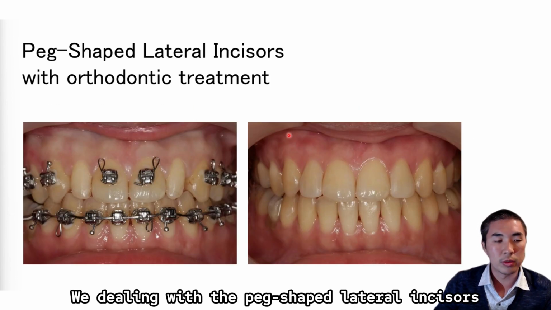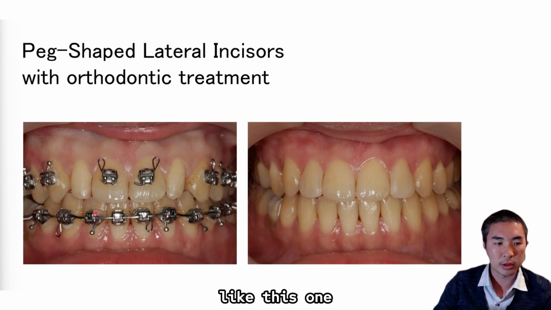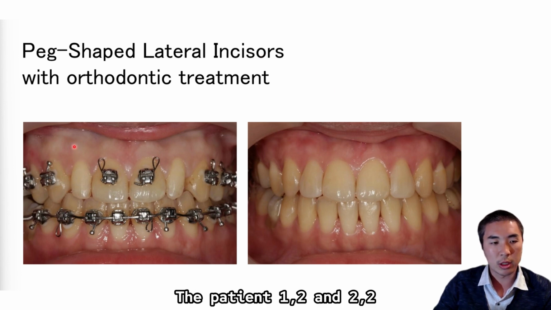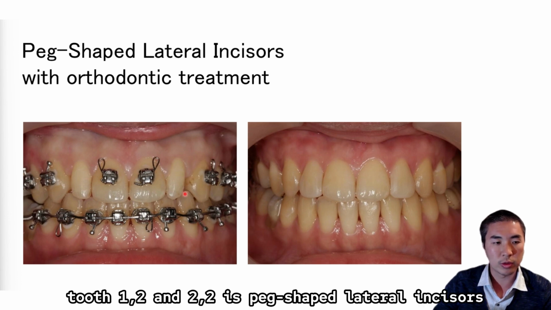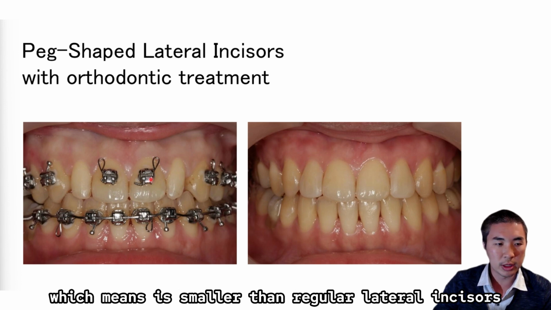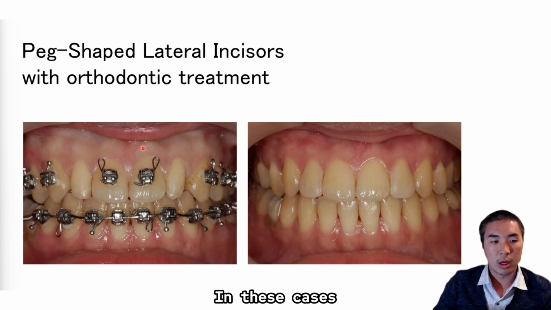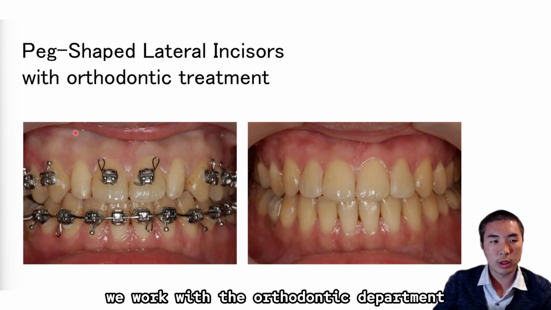And also we deal with peg-shaped lateral incisors like this one. Teeth 1-2 and 2-2 are peg-shaped lateral incisors, which means they are smaller than regular lateral incisors. In these cases, we work with the orthodontic department.